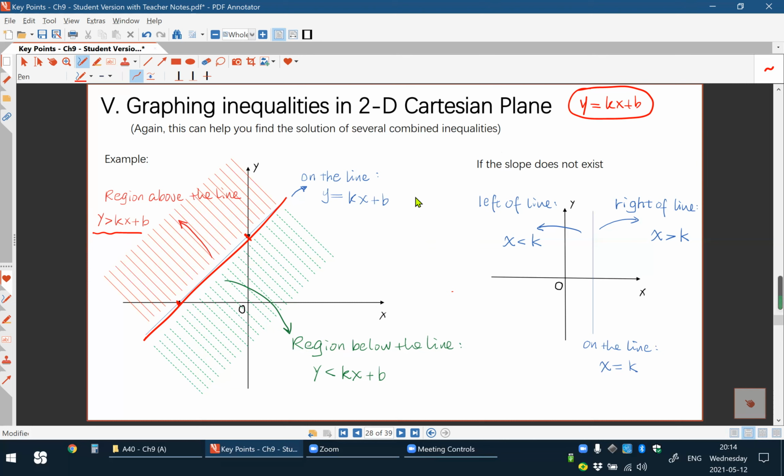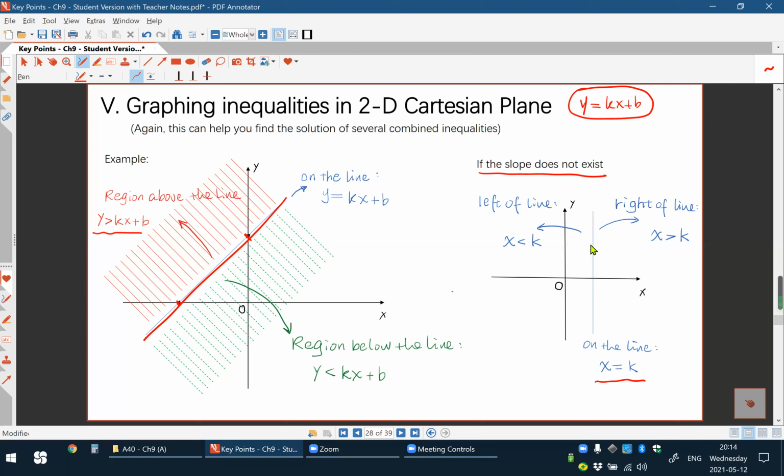Okay, an exception is if the slope does not exist. This is actually a very simple case, right? If the slope does not exist, that means the line is parallel to the y-axis, right? And the line could be represented by an equation like x equals k, right?